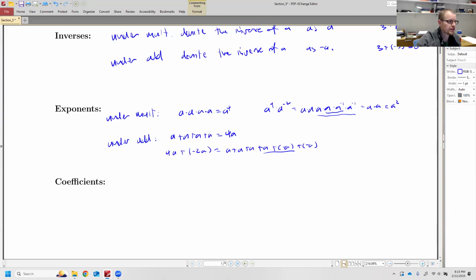And then these would cancel and these would cancel as inverses of one another, leaving us with 2a. So again, 4 minus 2 is 2. So we can combine like terms in the same way that we have previously.